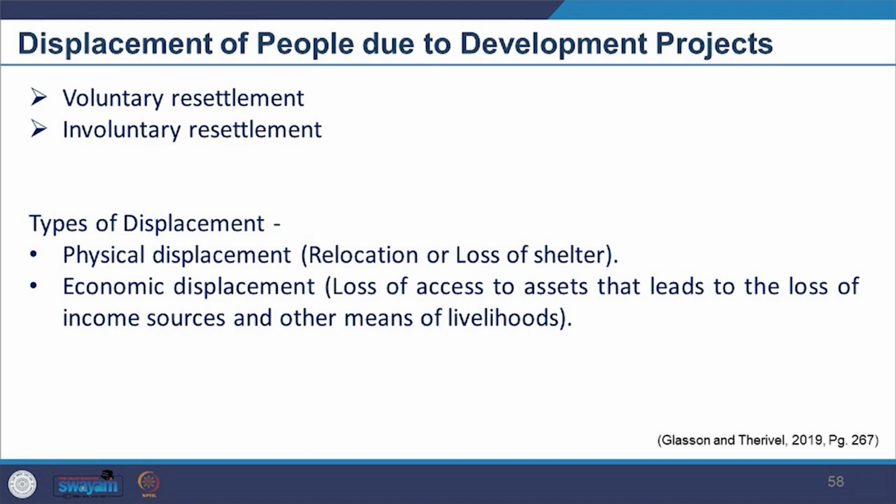Another kind of displacement is economic displacement, in which there is loss of access to assets. Wherever they were generating their livelihood, they are no longer able to access it. This can happen because of prohibition, or because something comes in between. So these are the two kinds of displacement which you see.